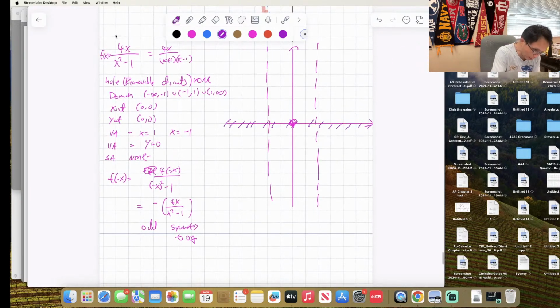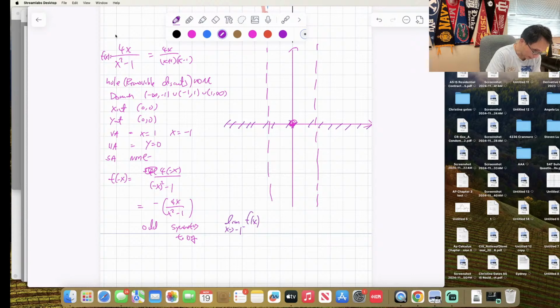So we want to find out the limits, right here, we can write down correctly. Limit as x approaches negative 1 from the left side of f of x. We don't know what it is, right? So we're going to find out by plugging in negative 1.1. Is that okay? And negative 1.1 squared minus 1.